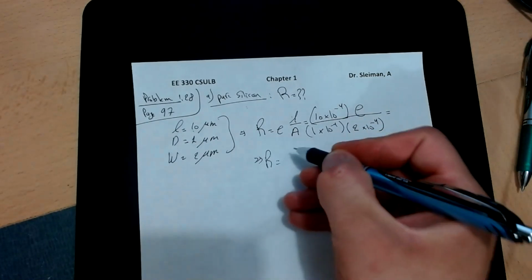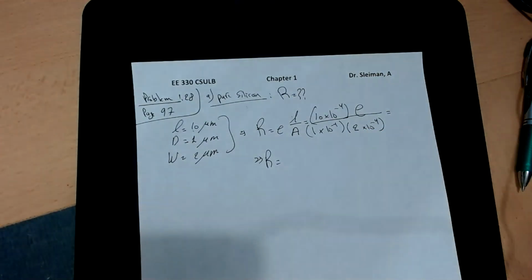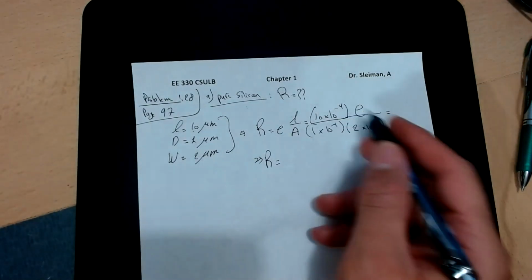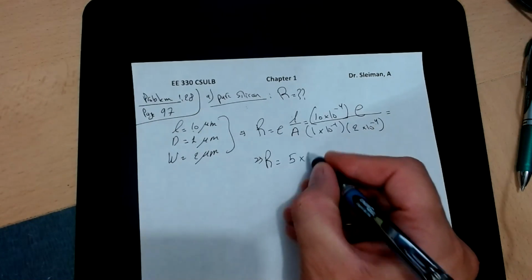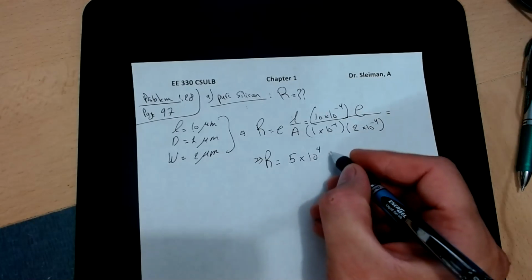So R is equal to 5 times 10 to the positive 4 rho.